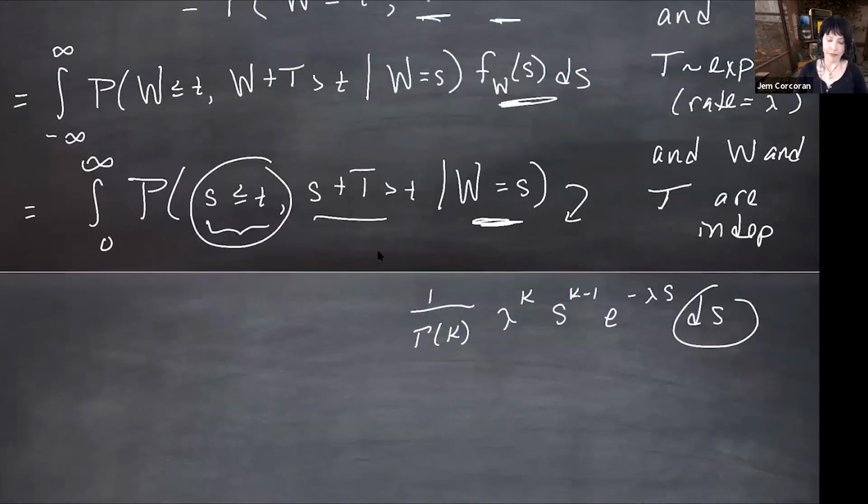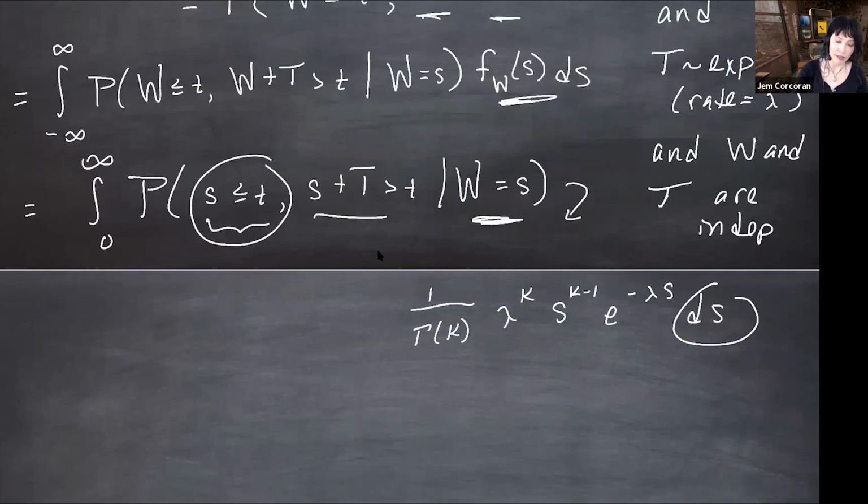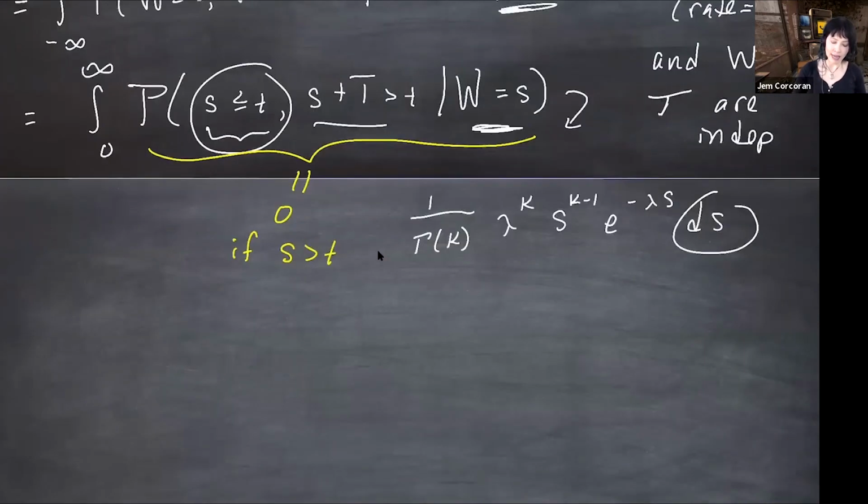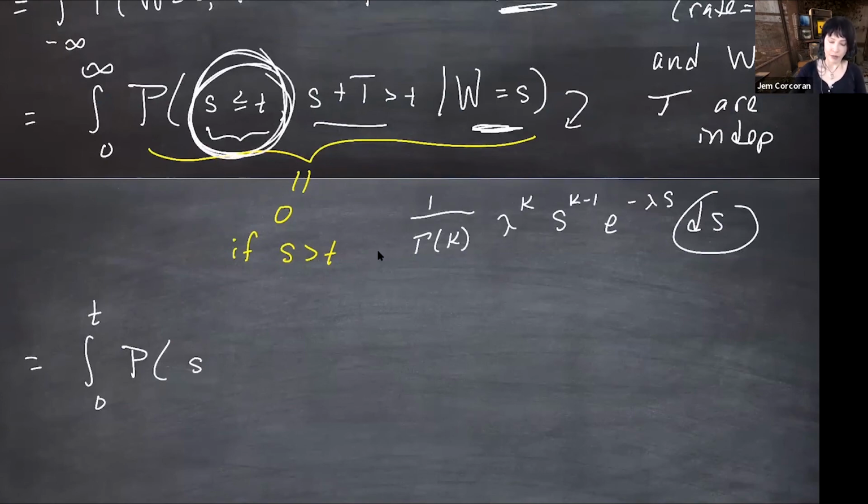And for that reason, maybe I should write that. This is 0 if s is above t. So for that reason, I get to rewrite this as the integral as s goes from 0 to t of the probability. And then I've taken this guy into account. So I'm just going to write the other stuff.